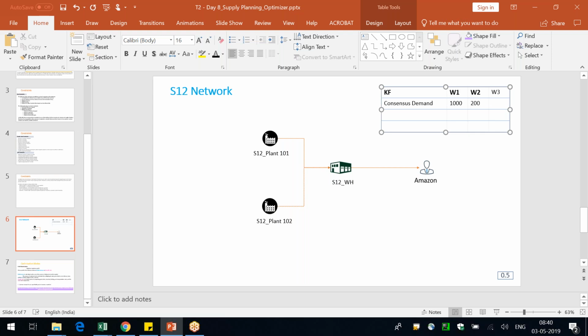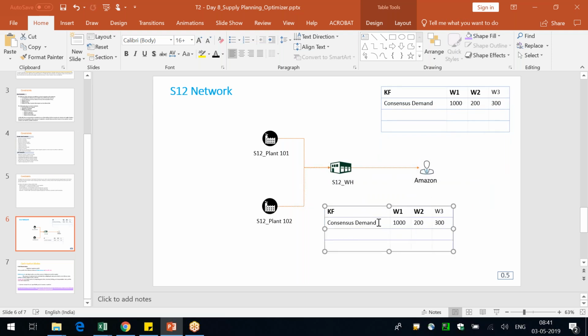So this is 200, this is 300. Now let's say the lead time is 1 between warehouse and Amazon. It takes 1 week to reach the goods from here to there.